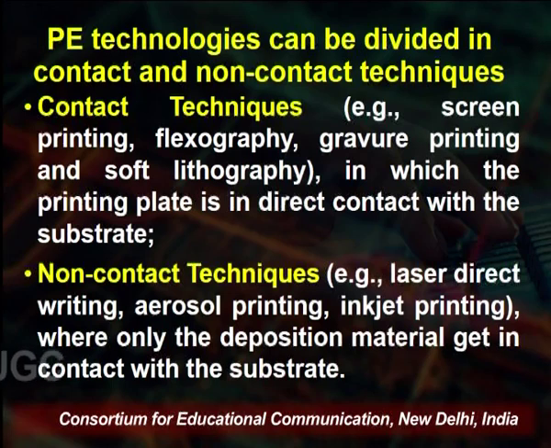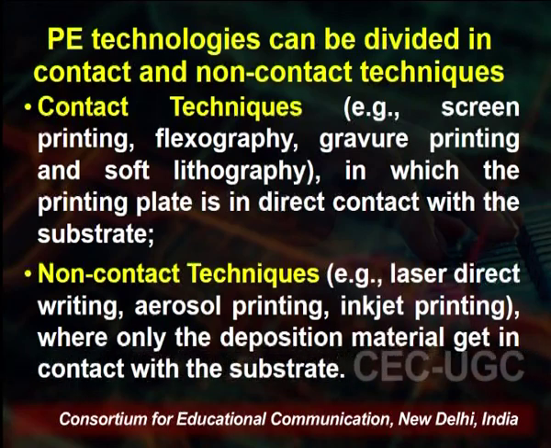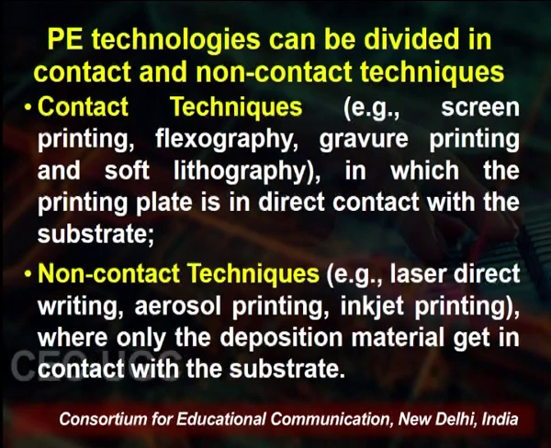So first is the contact technique. What is this contact technique? In which the printing plate is in direct contact with the substrate. Here we have the printing plate in direct contact with the substrate, means we have a substrate, then we just print on it through direct contact.